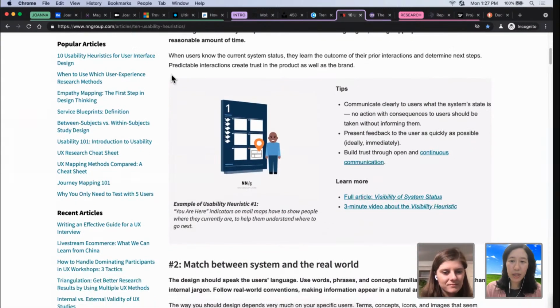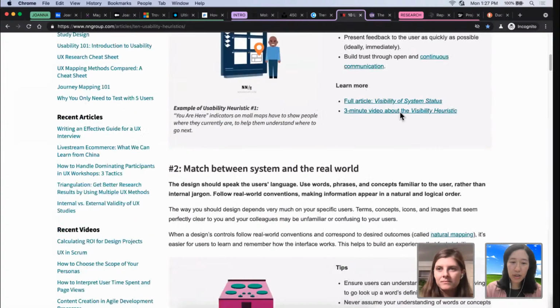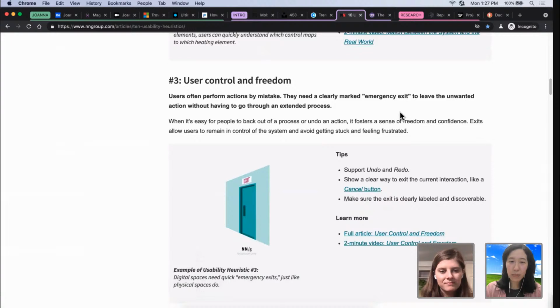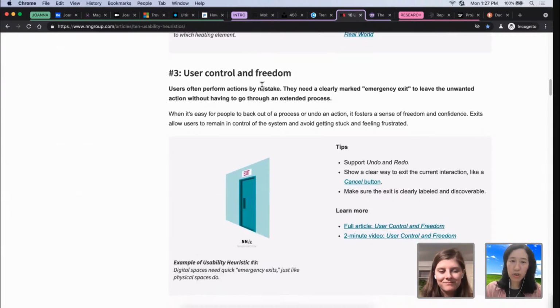So there are things like being able to communicate the status of a system. I think there's one around making sure the user has control, or when people make mistakes, how do they go back? Is that mistake disastrous? Maybe if it's disastrous, it should be harder to commit that mistake or harder to do that action that leads to that fatal error.